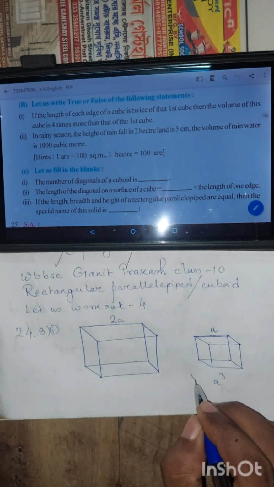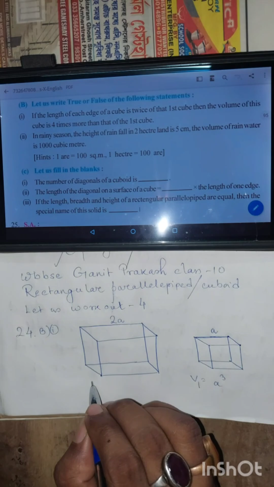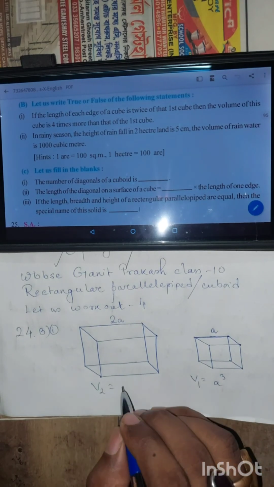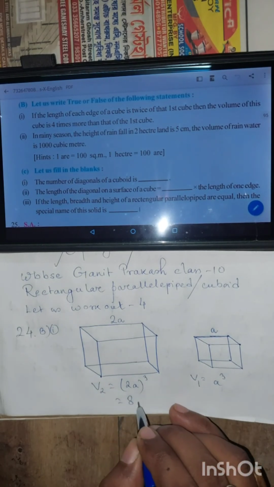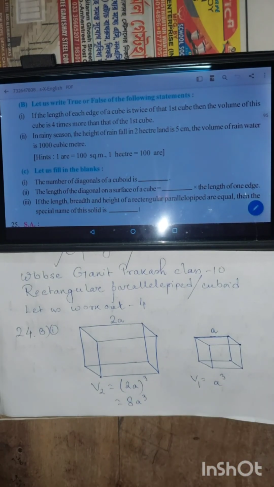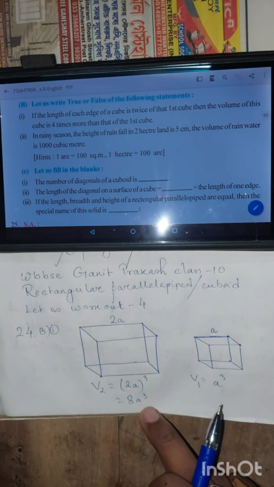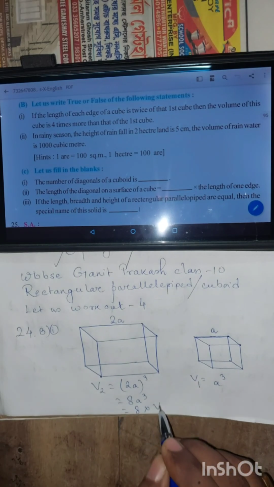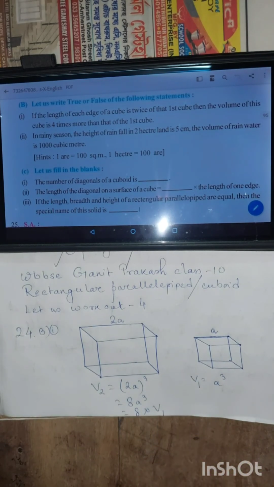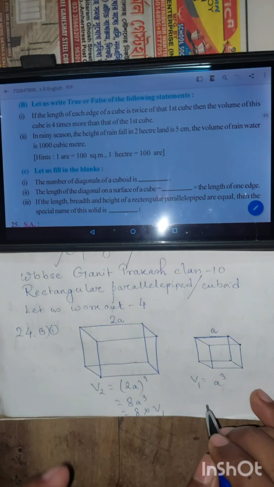And volume 2 should be side cube, that means 8a cube. So we can see that V2 is 8 times of V1 because a cube is V1. But the question says the volume of this cube is 4 times more than the first cube. That means this is false. So answer is false.